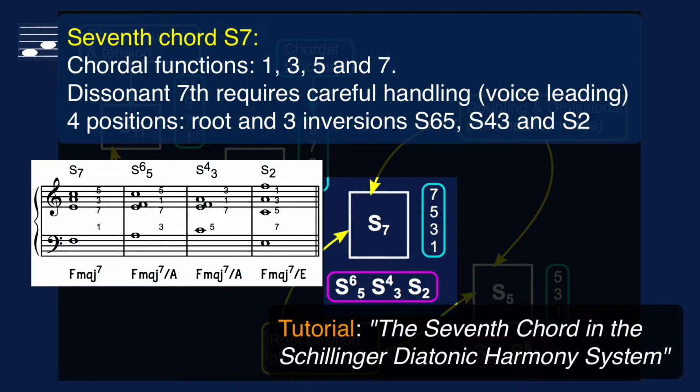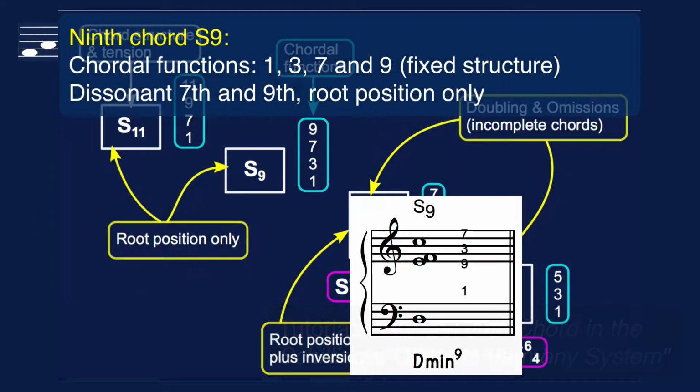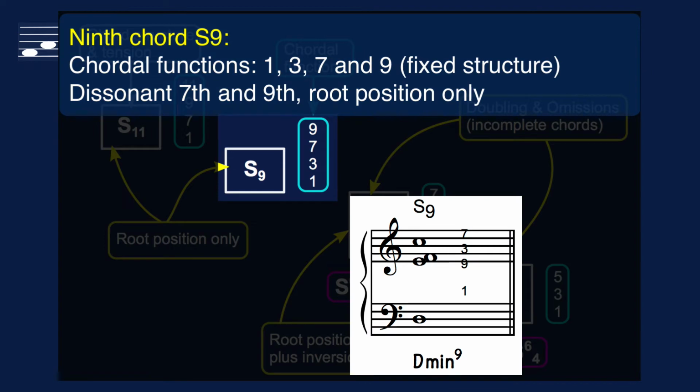This dissonant chord type is discussed in detail in a separate video tutorial. The S9 has a fixed chord structure and position. The 4 chordal functions are root, 3rd, 7 and 9. The 5th is omitted. We may use this chord in root position only. It has a specific, easily recognizable sound.